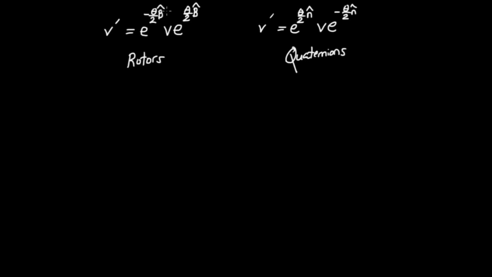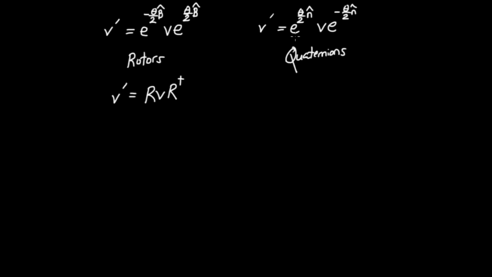What I can do is call this exponential on the left R, as I have done in previous videos, in which case the formula becomes v prime is equal to R v, and then this thing on the right will actually be R dagger, the reverse rotor, or the conjugate, if you prefer to think of it like that. So this is the formula in geometric algebra using rotors.